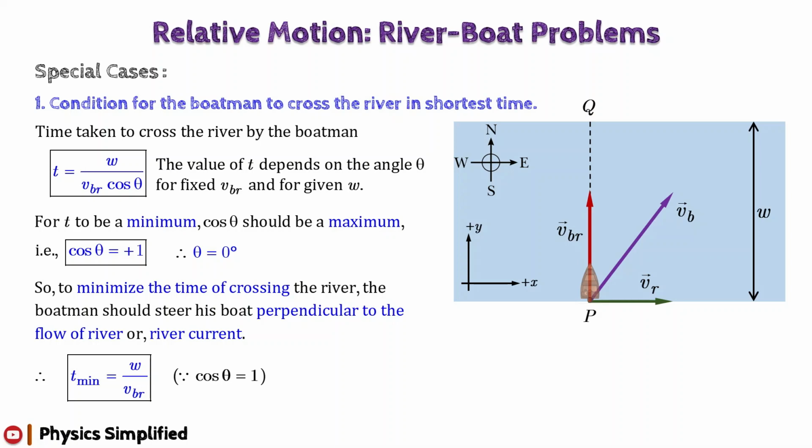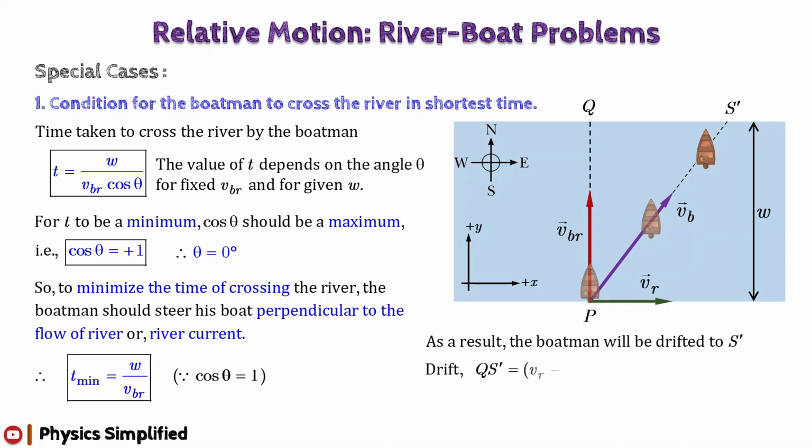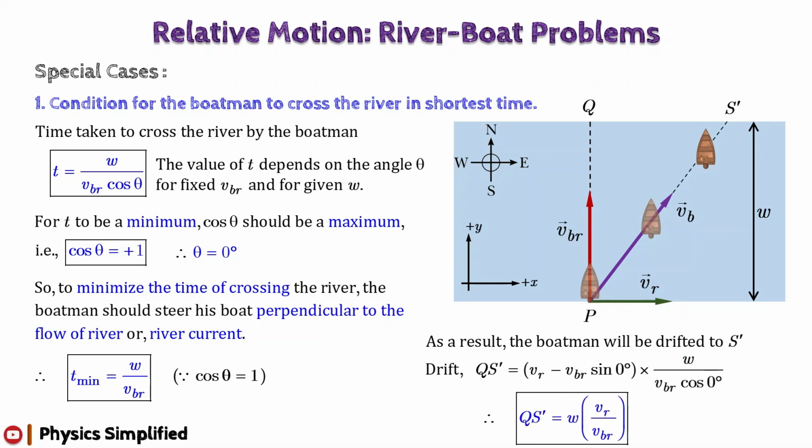The boatman will be drifted along the direction of vector v suffix b. So, according to the figure, the boatman will be drifted along PS prime. Now, substituting theta equal to 0 degree, in the expression of drift of the boatman, we obtain the value of the drift in this case as, QS prime, is equal to, w times v suffix r, divided by v suffix br.